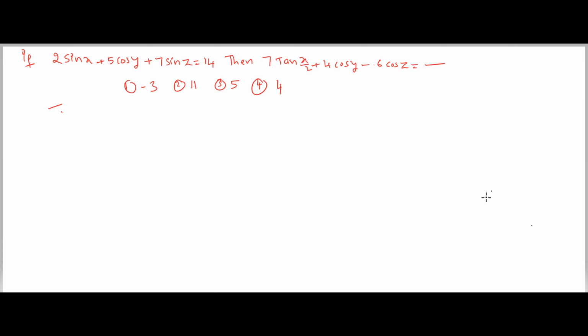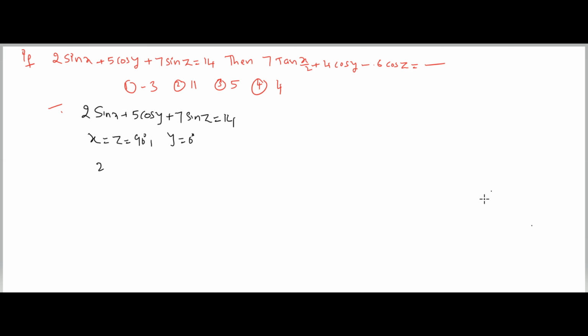If 2 sin x plus 5 cos y plus 7 sin z is equal to 14, then 7 tan x by 2 plus 4 cos y minus 6 cos z is equal to dash. Verifying this equation, put x is equal to 90 degrees, z is equal to 90 degrees and y is equal to 0 degrees.